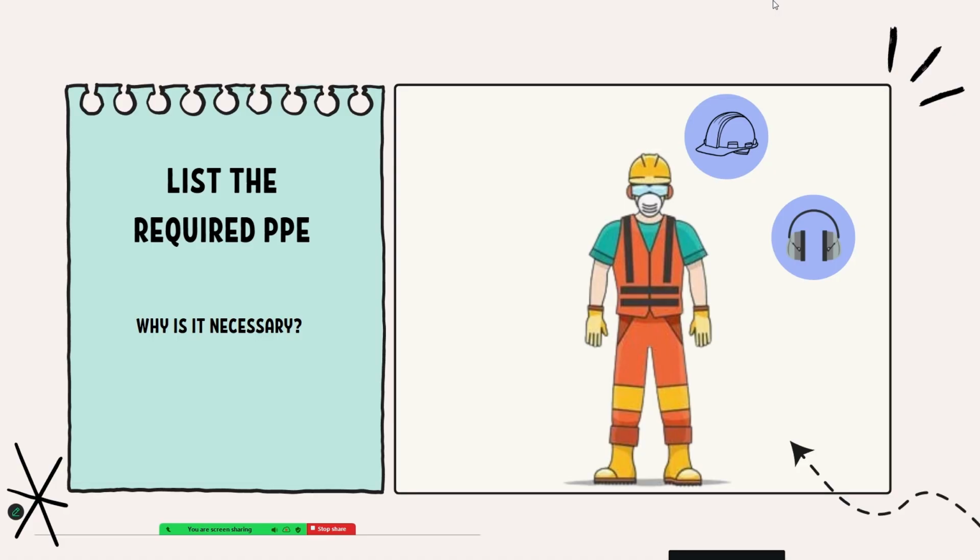The earmuffs protect your ears from loud noises. We don't want to have hearing loss because you're around loud noises all day. The high-vis vest is so that you are noticeable to drivers or individuals around you. We want to be recognized so that we don't get run over or injured in any way.